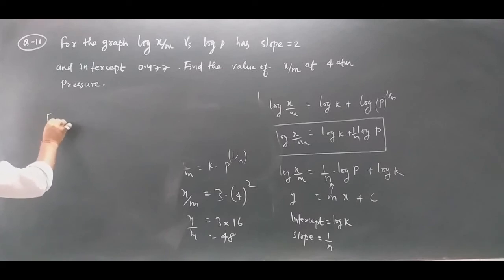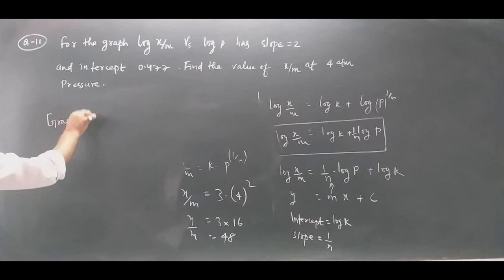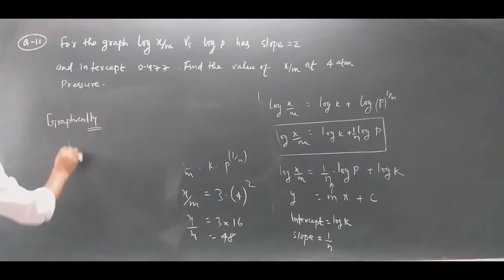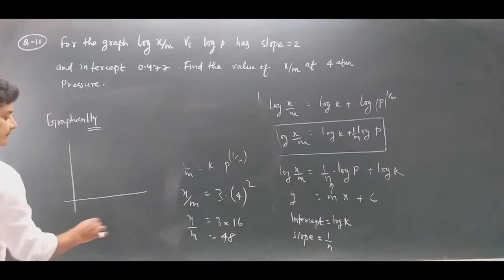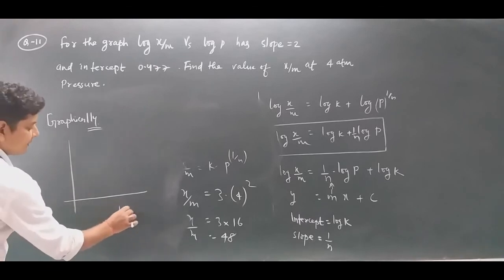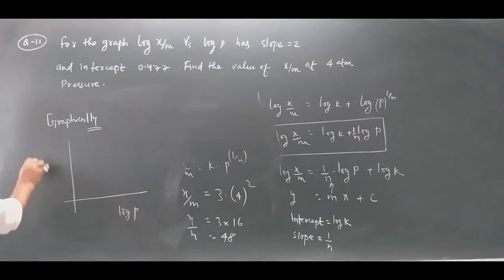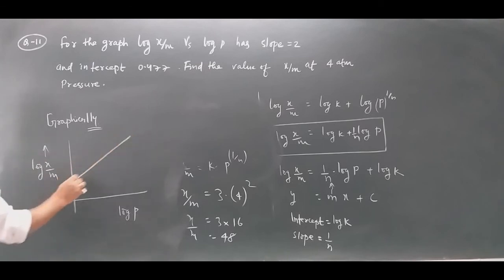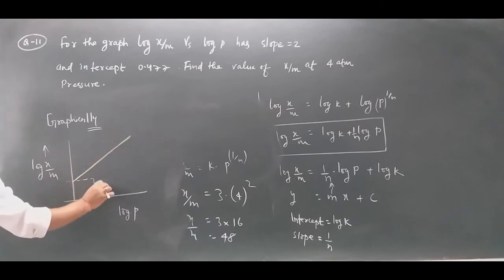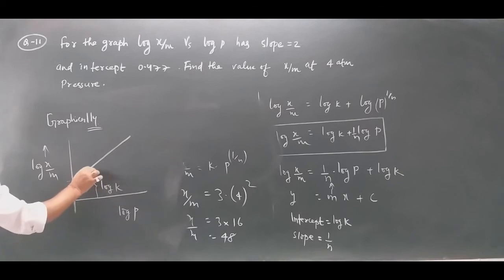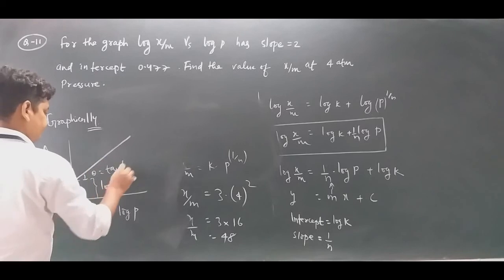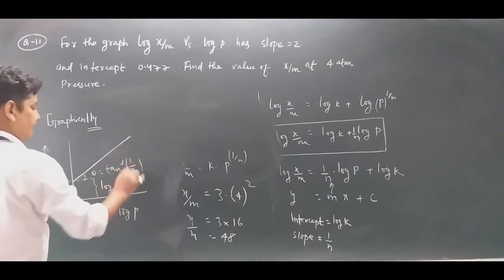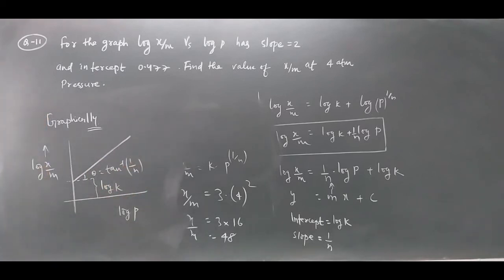Graphically, here there is log p, and here there is log x by m. The graph will be like this. This is the intercept, which is log k, and theta is equal to tan inverse of the slope, 1 by n. This is the graph of that kind.